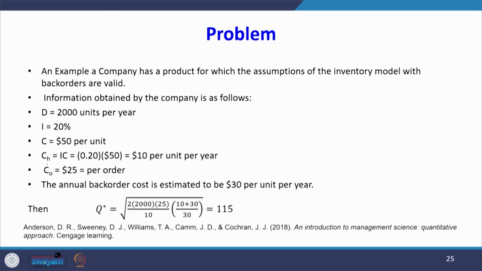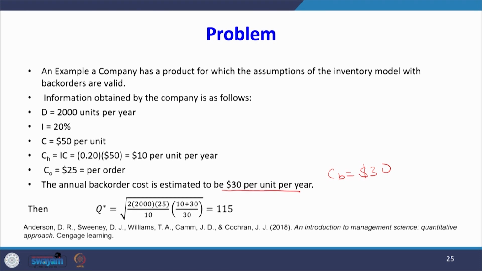So, from this we can find the unit holding cost per year: 0.20 multiplied by 50, you will get $10 per unit per year. Ordering cost is $25 per order. The annual back order cost is estimated to be $30 per unit per year. So, the value of C b equals $30.